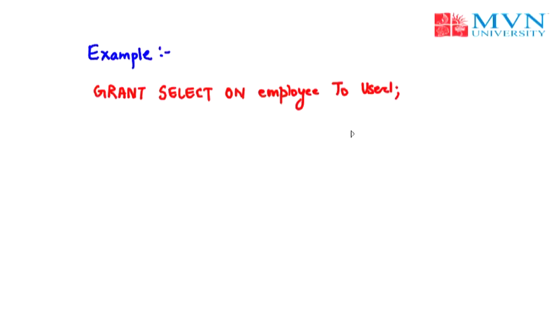You should use with grant option carefully, because if you grant select privilege on employee table to user 1 using with grant option, then user 1 can grant select privileges on employee table to some other user also. Later, if you revoke the select privilege on employee from the user 1, still the user 2 will have select privilege on the employee table. So that is why you should use the grant option very carefully.